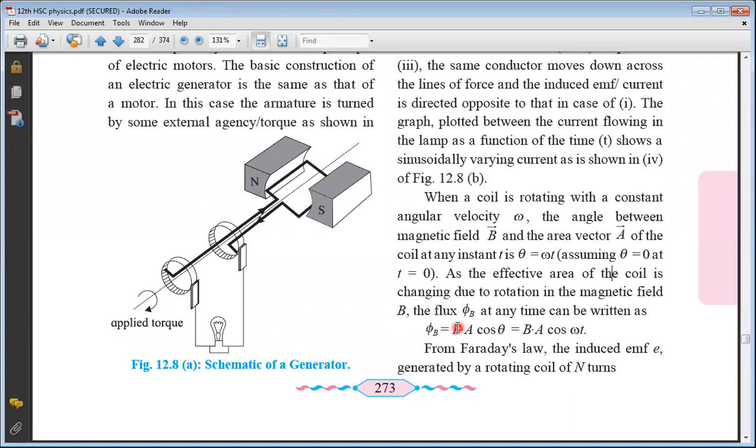Magnetic flux passing through the coil is B into A into cos theta, because there is some angle theta between the magnetic field and the area vector. The area vector will be somewhat like this right now, up here, and the magnetic field will be horizontal from north to south. So theta is the angle between them, but theta is nothing but omega t, since the angle between magnetic field and area is the same as the angle through which the coil has rotated. So BA cos omega t is the flux phi B passing through the coil, but this flux is continuously changing with time.